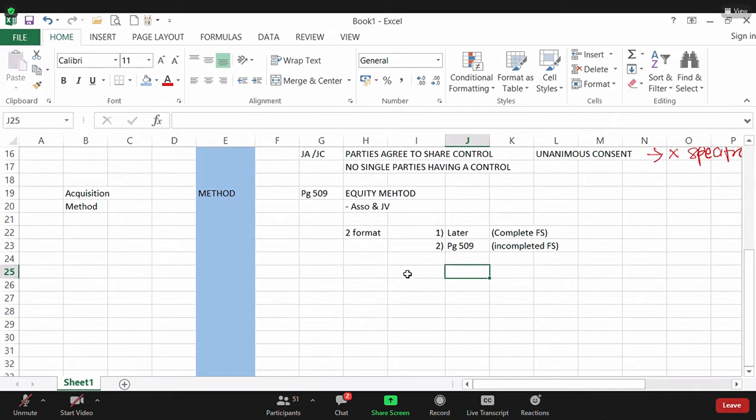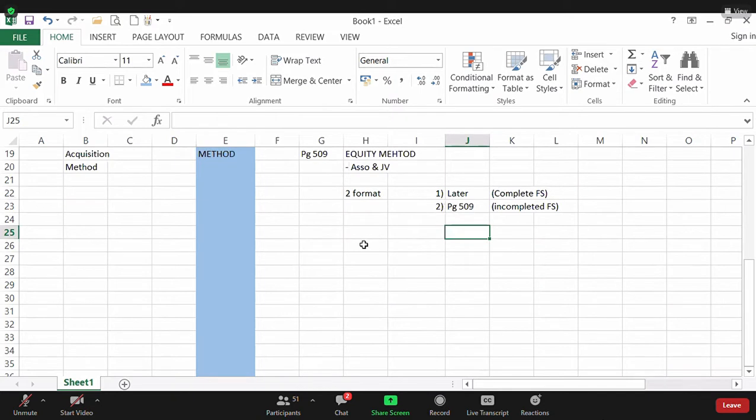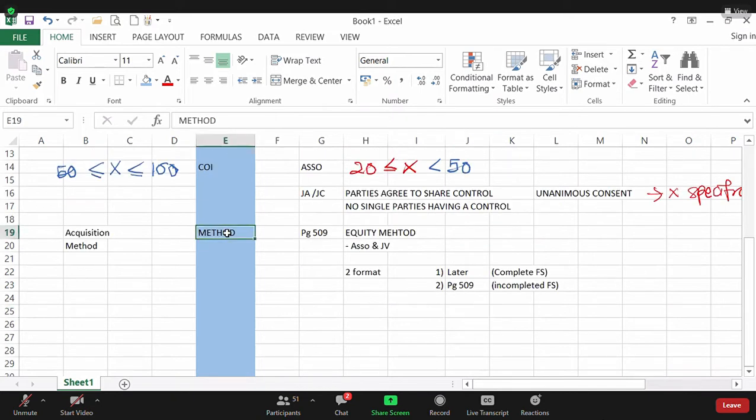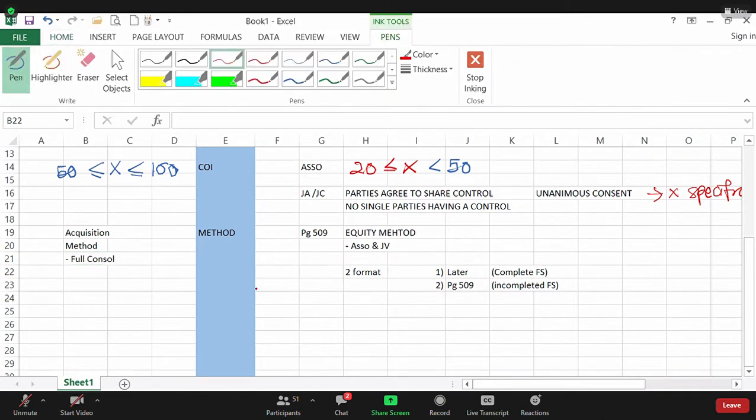Now we know already the method for subsidiary is acquisition method. When you apply acquisition method, it means that you need to do full consol. What does it mean by full consol? Anyone can recall? Full consol, complete consol between holding and subsidiary.